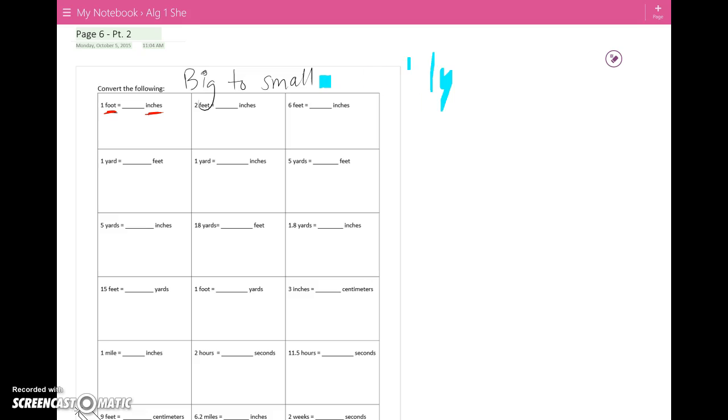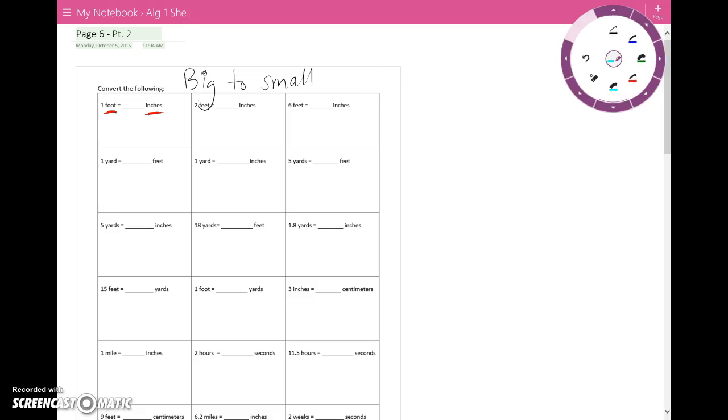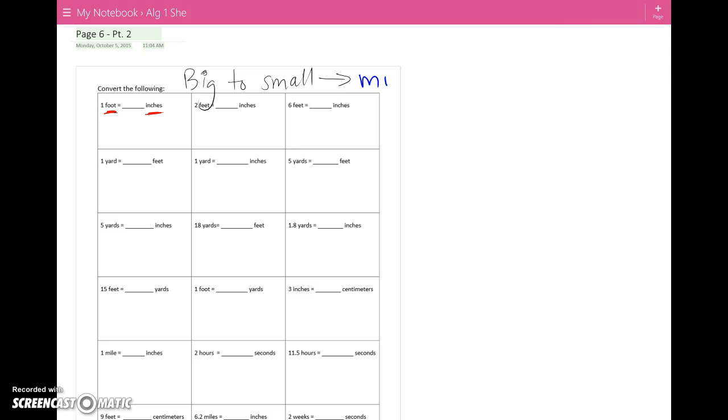I don't like the way that looks. Let's do a different color. And we'll do this blue. Multiply. So if we're going from a big measurement to a small measurement, we're going to multiply.